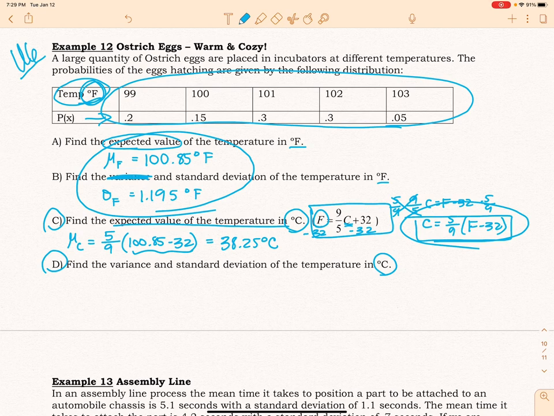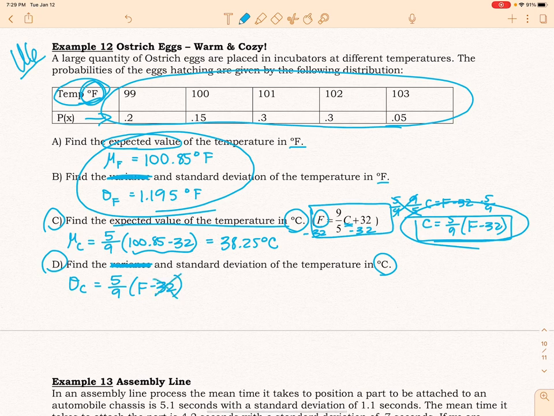Okay, for part D, I don't need my variance here. I'm just finding standard deviation in Celsius. So I'm going to use my same formula, but I want you to remember that one of the rules for transforming our standard deviation is we don't care about the constant being added or subtracted.